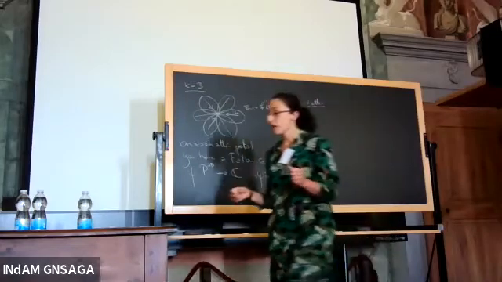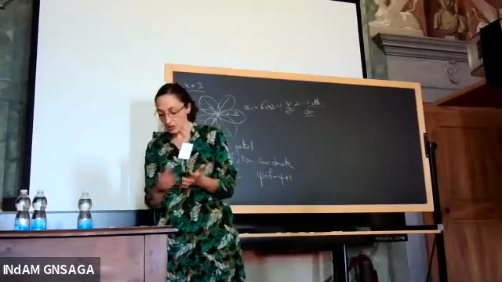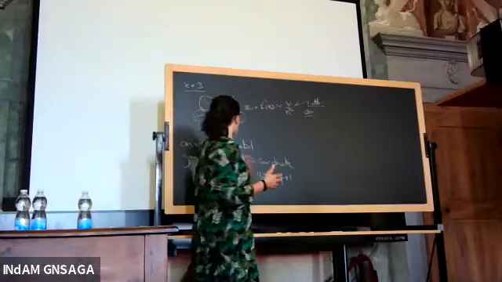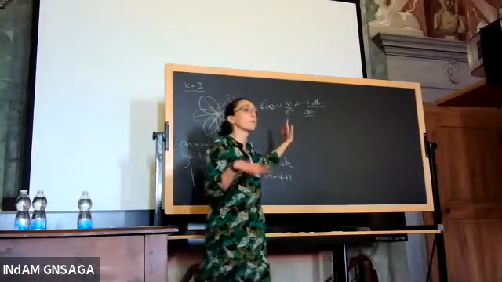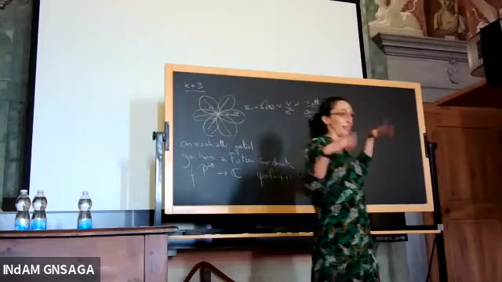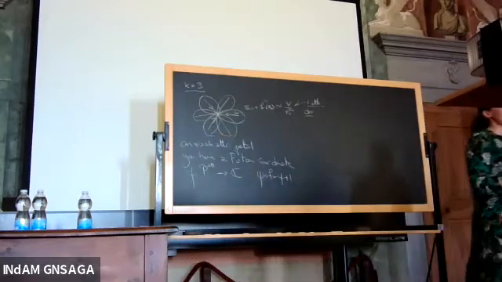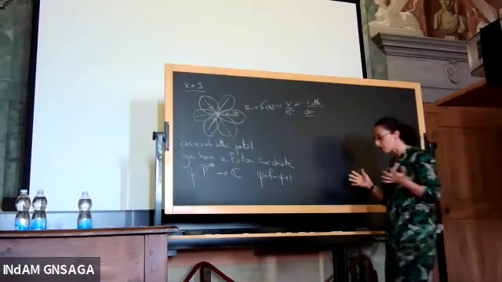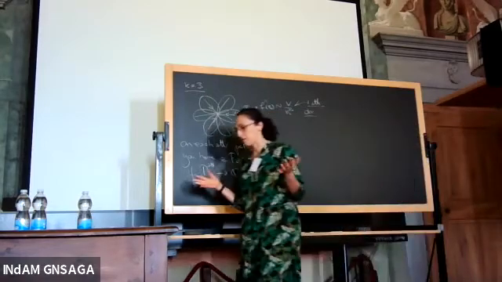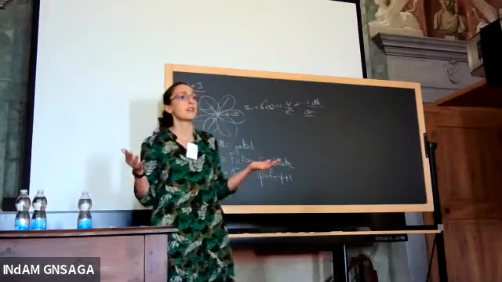So let me just spend one minute telling you why this kind of result, which is quite old, is useful. This theorem, usually we find it in books from the beginning of the 1900s, something like that.